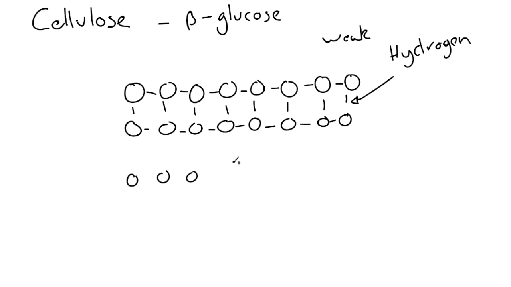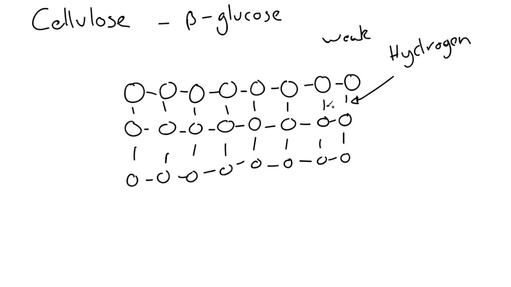This one's going to be quite far away. I don't know why I've drawn it so far away. The hydrogen bonds are going to join the rows together, but then across here, you're going to have your glycosidic bond. Okay. These cellulose chains are linked, as I said, by hydrogen bonds, and they form strong fibers.